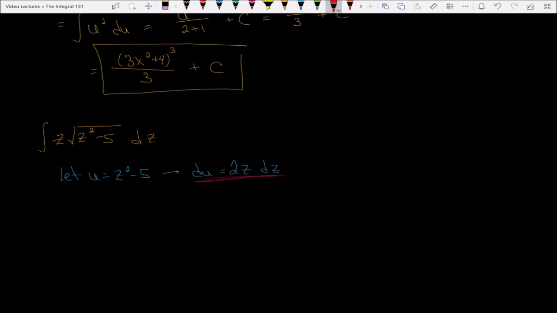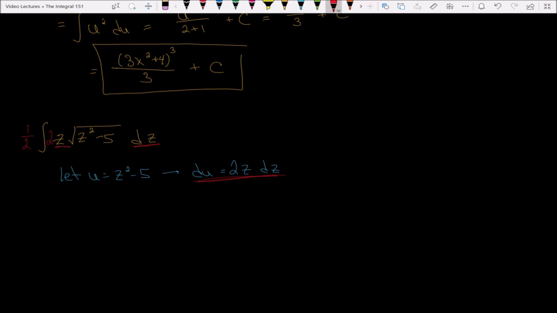And so we have the 2z dz, but notice we have a z dz. We don't have a 2. Well, since 2 is just a constant, why don't we just multiply z by 2 and then multiply the overall integral by 1/2. Notice all we've done is multiply by 1 in this case.